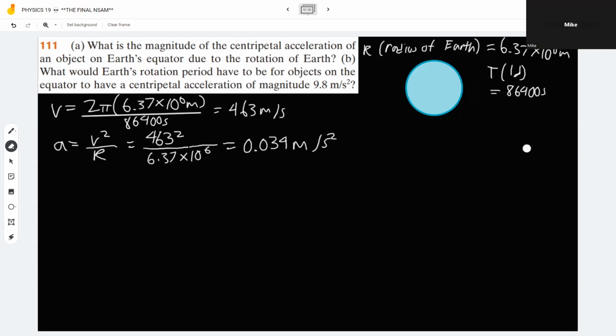Okay, so yung magnitude ng acceleration maliit, no? Okay. And then, ang tanong naman, if the Earth were rotating, nagbago yung rotation period, what should the period be so that the acceleration of an object on the surface of the Earth is going to be 9.8 meters per second squared?